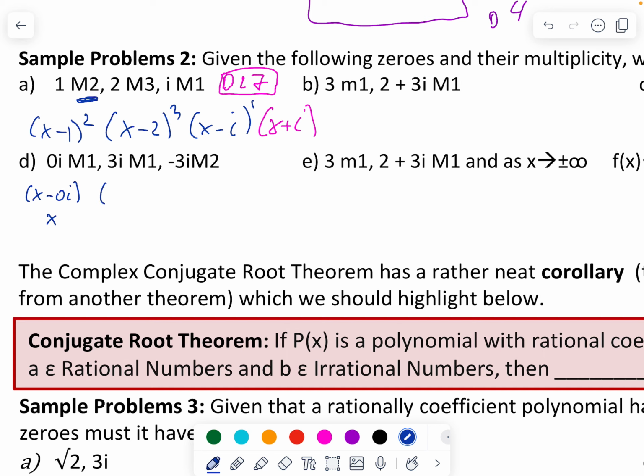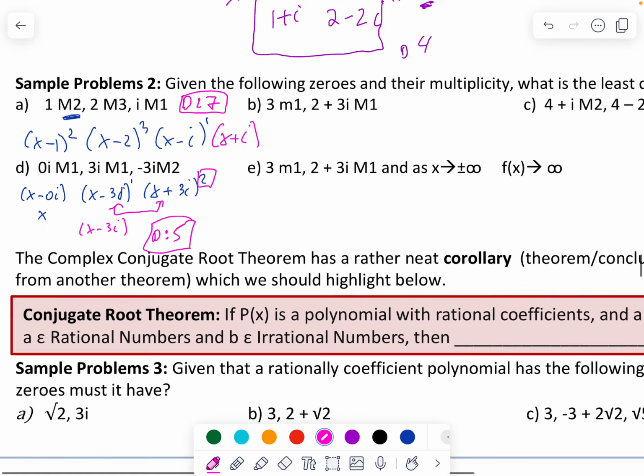Then this guy over here will have an x minus 3i to the first power, and this would have an x plus 3i to the second power. Well, these two are already conjugates, but I have an extra one here. So what I need is an extra one of x minus 3i, and that means my degree will be 5. There will be 4 imaginaries and then 1 real one, that x.